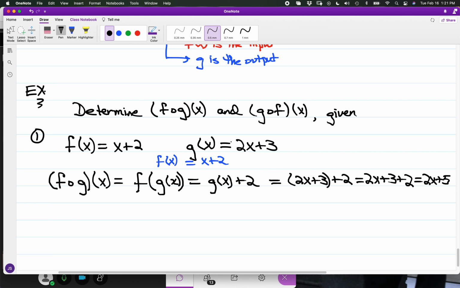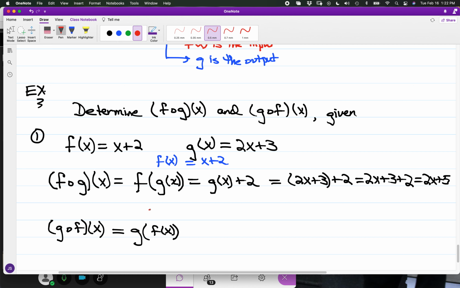Now for the reverse order, we have g composed with f of x. So I now have g of f of x. So f of x is going to be your input function, and I'm going to follow through in accordance with the pattern laid out by g of x.